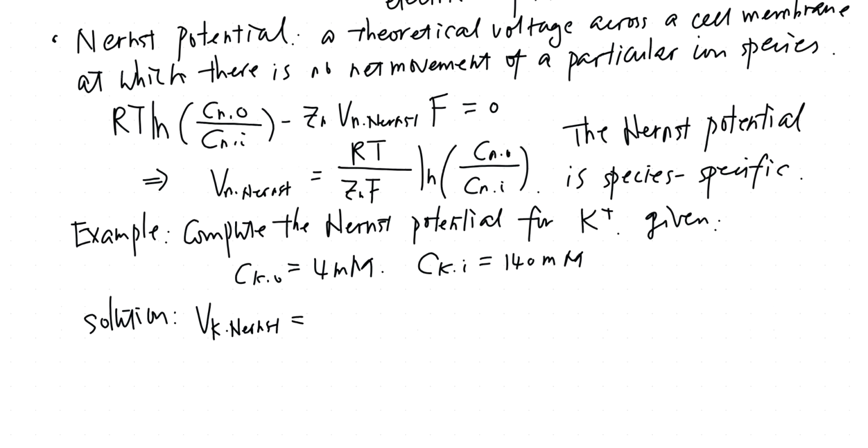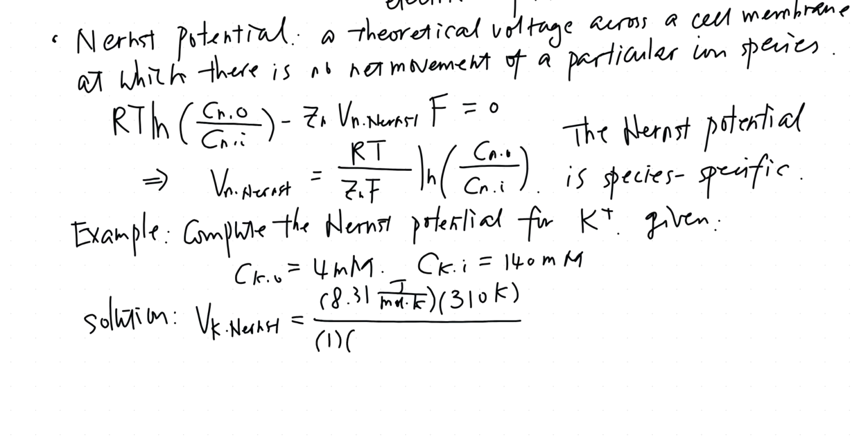So let's see what is R. R is 8.31 joule per mole per kelvin. So usually when we talk about those biological scenarios, it means under physiological conditions, that means at body temperature, it's 37 degrees C. 37 degrees C is 310 Kelvin. And the z, the charge of potassium, is 1.